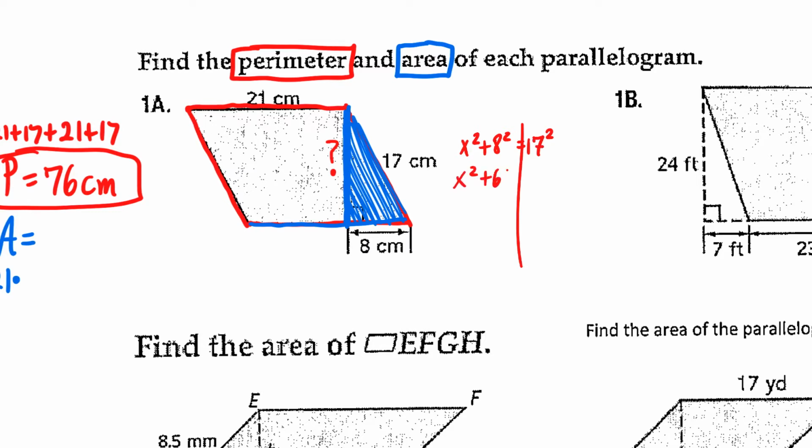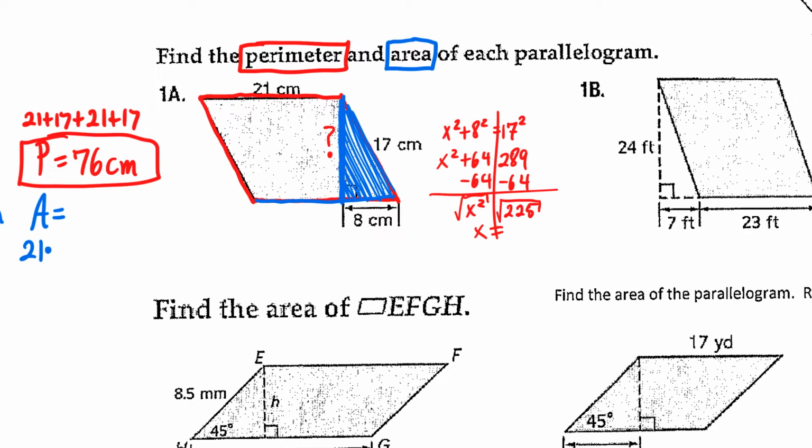So x squared plus 64 equals 289. Subtract 64, x squared equals 225. To get rid of that squared, take the square root. And what's the square root of 225? 15.